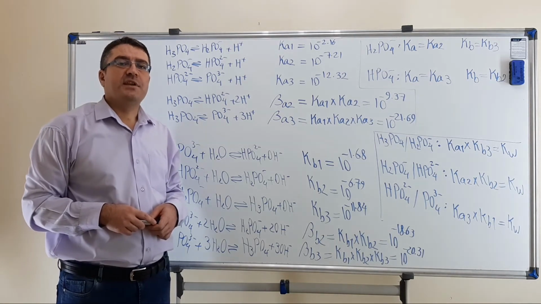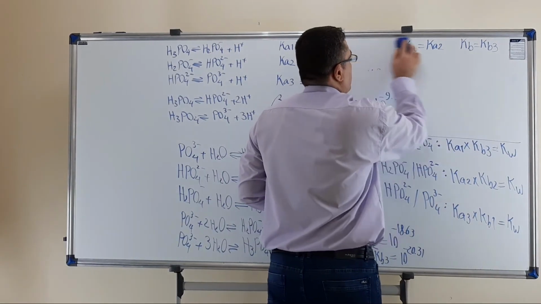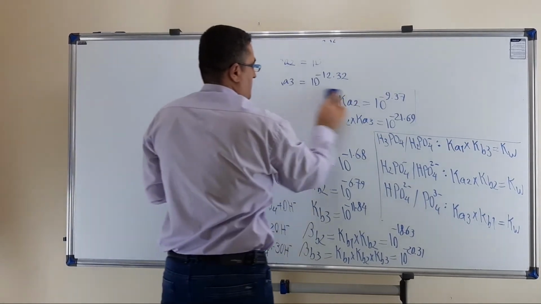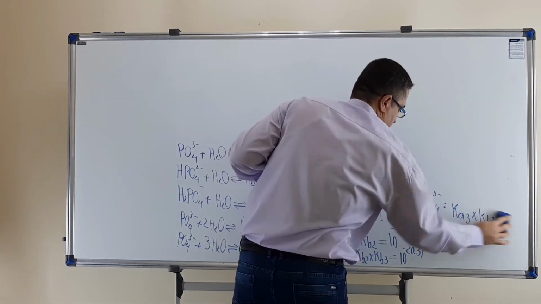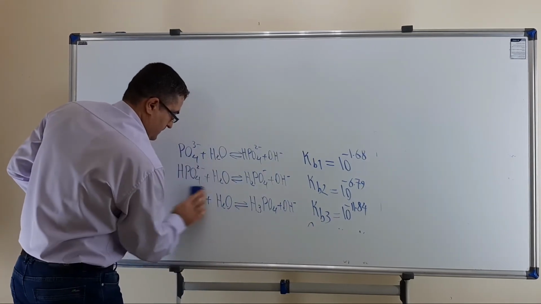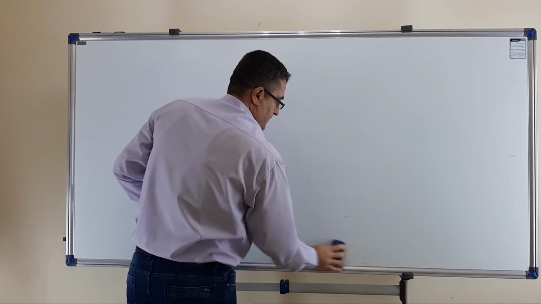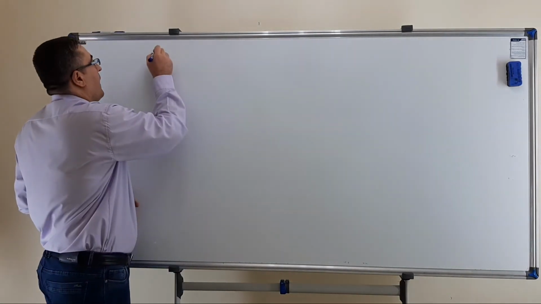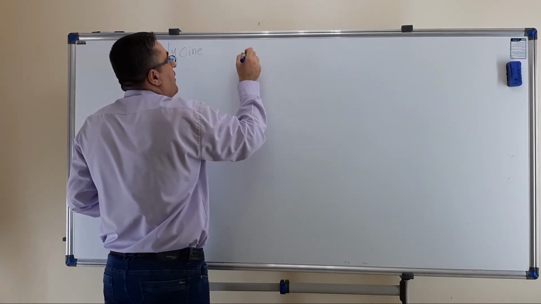For example, we can consider protonated glycine. Glycine is an amino acid with the following structure.